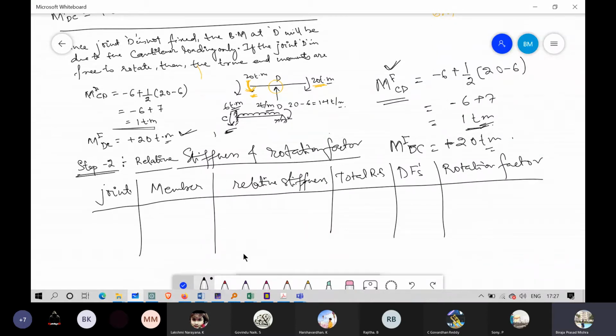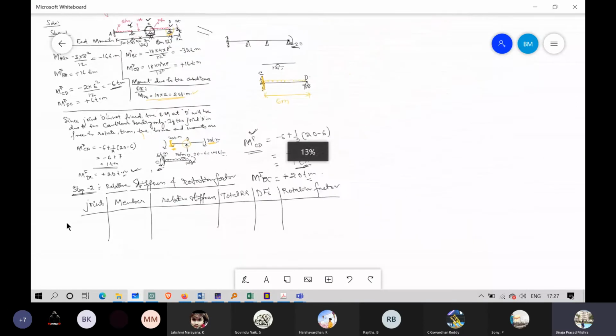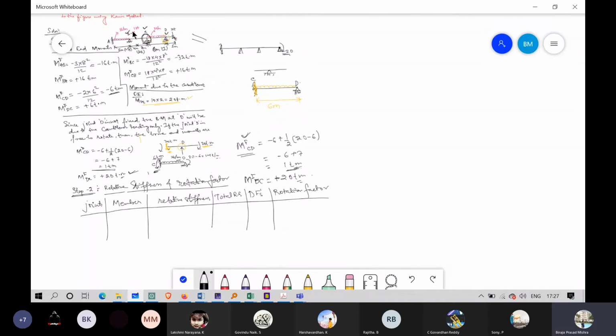Okay, now if we see this diagram over here, we will have joints. What are the joints? We have joint B and joint C, right? So joint B and joint C. Now what are the members connected with joint B?